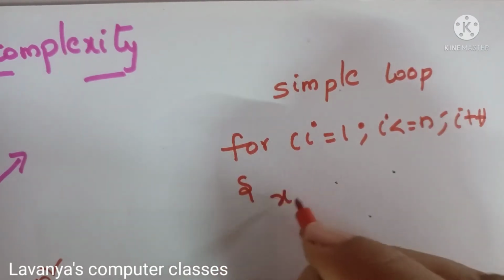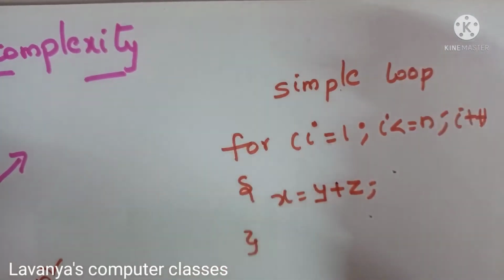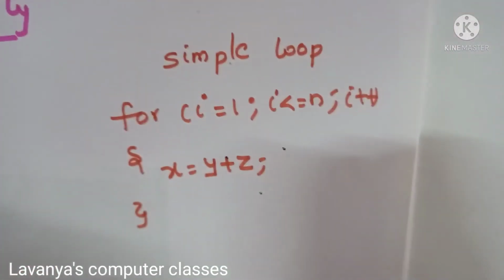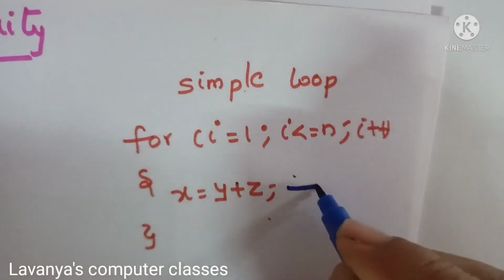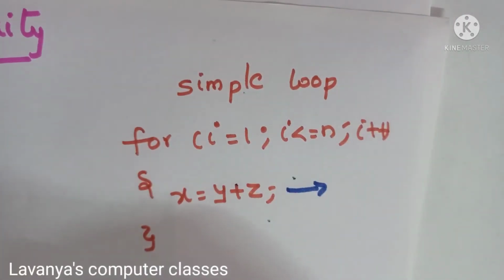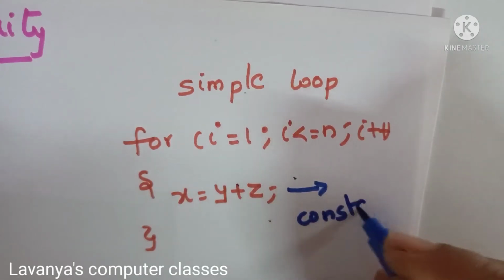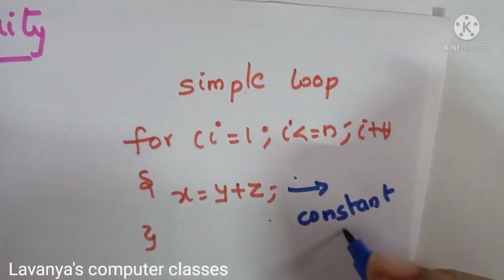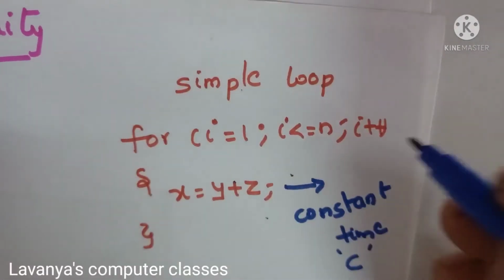In this I want to execute only one line, that is x equal to y plus z, then close that loop. So how much time is required for executing this line, that is called as time complexity. Inside the loop only one line is there, that line is executed constant number of times. So that line is taken as constant, that is c, for executing that line we need c.